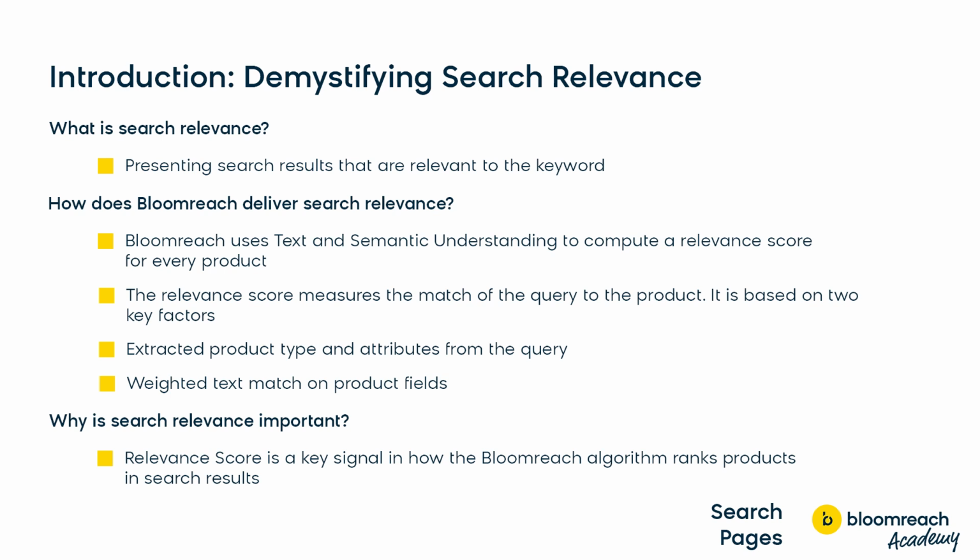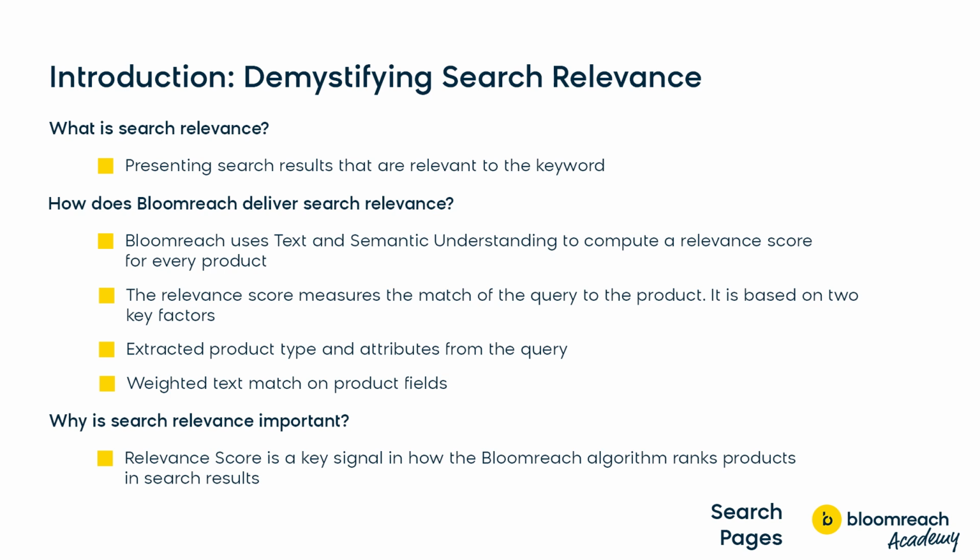So every product that is returned in search results has a relevance score assigned, which is what Bloomreach uses to return products for a particular query. The relevance score measures the match of the query to the product, and that's what Bloomreach uses to be able to rank products also when Bloomreach returns results for a query.